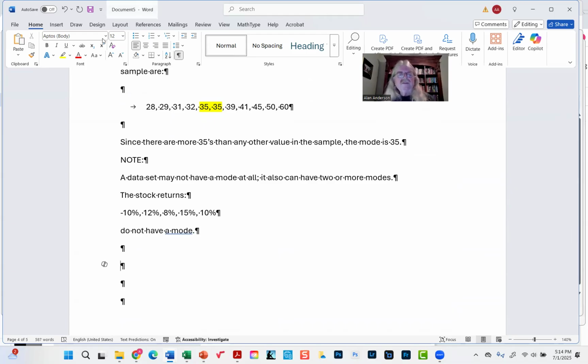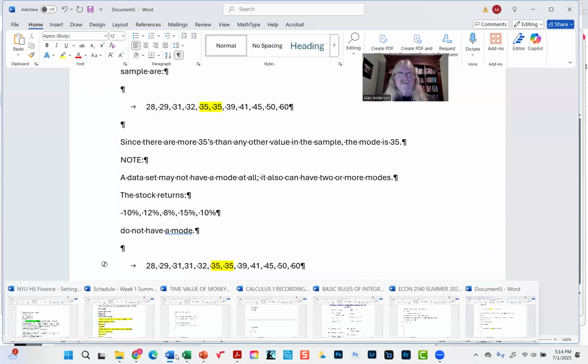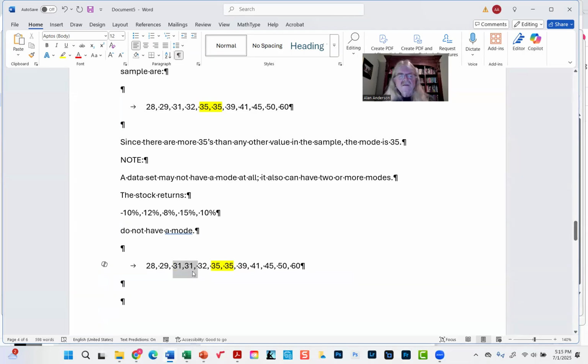But these ages, let's say our ages are now this. Is that possible? Of course it is. That means here the mode is both 31 and 35. So this data is said to be bimodal because it has two modes.